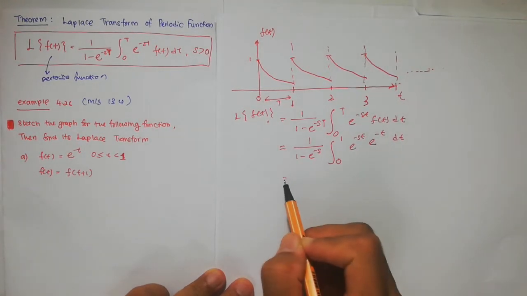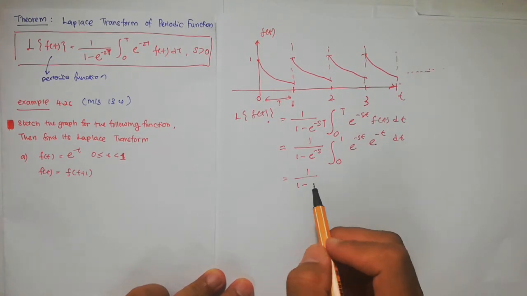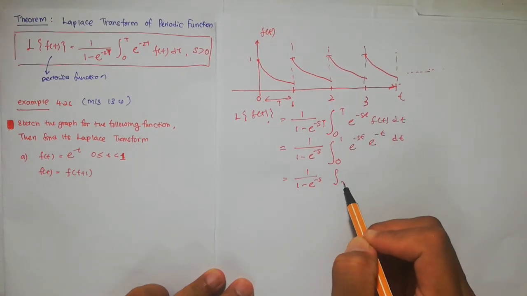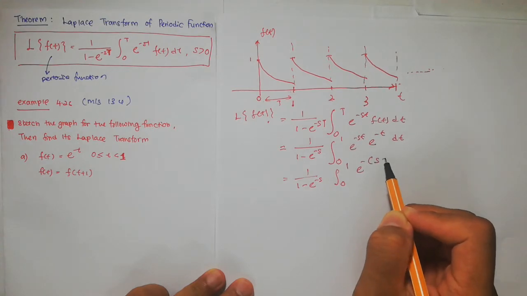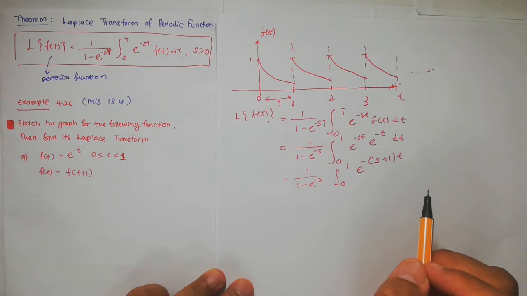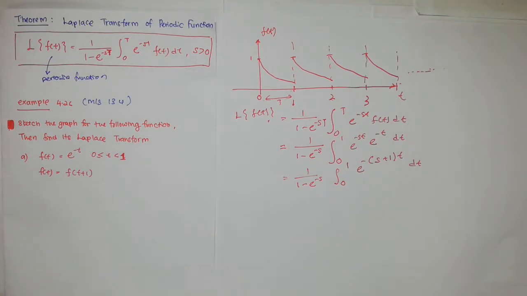The next thing is we can factorize this. So we have 1 over 1 minus exponent negative s, and the integration from 0 to 1, exponent negative (s plus 1)t, and then we integrate over dt.